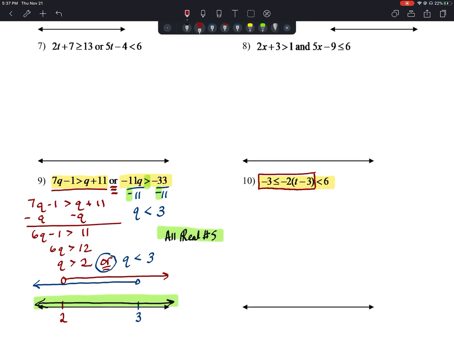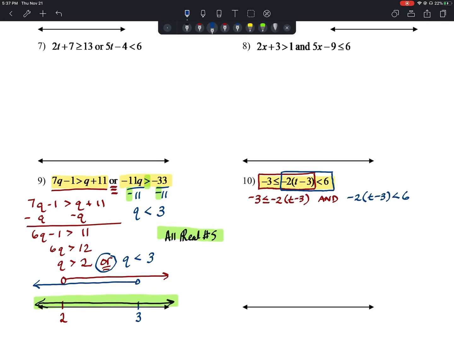So my first inequality is going to come from that first thing that I boxed there: negative 3 is less than or equal to negative 2 times the quantity of t minus 3. And our second inequality is going to come from that middle section and the right side: negative 2 times the quantity of t minus 3 is less than 6.